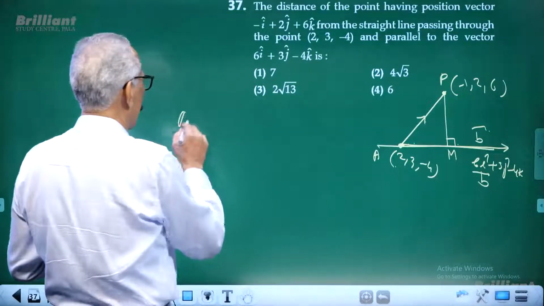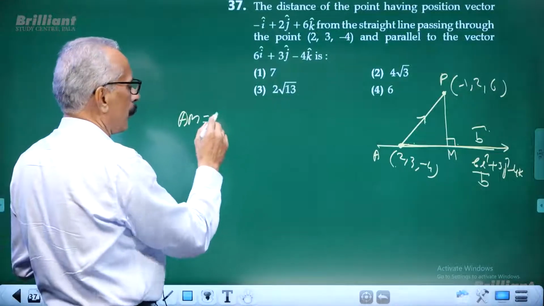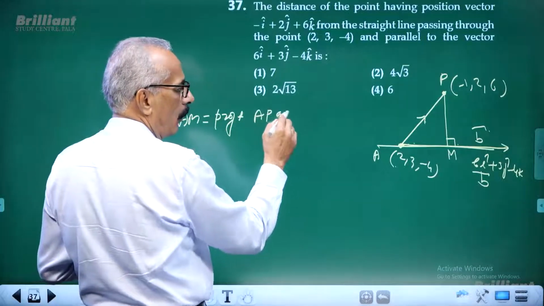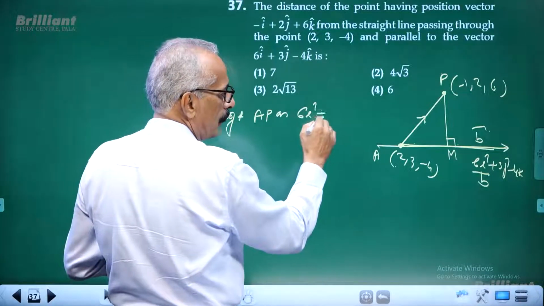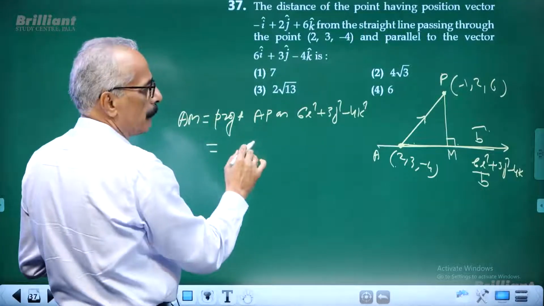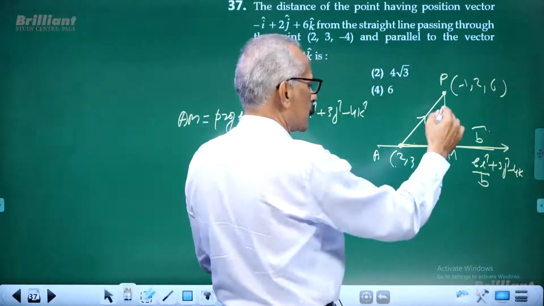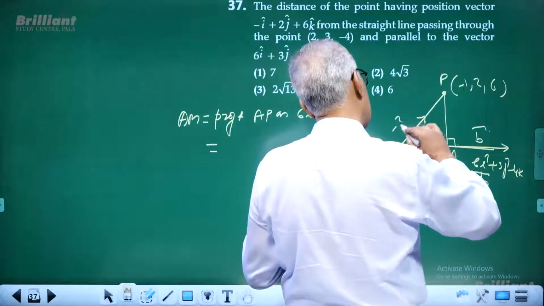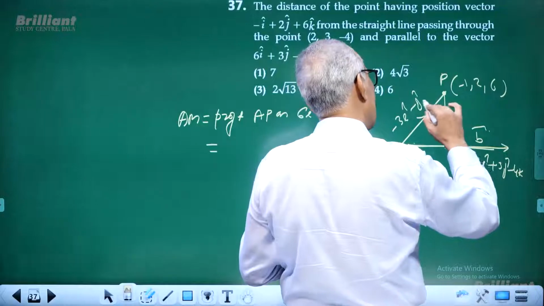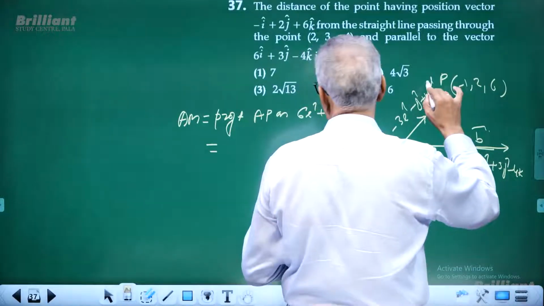So first we calculate AM. AM is equal to projection of AP on 6i plus 3j minus 4k. What's the formula? AP dot. AP we will calculate. AP means what there? OP minus OA. Minus 3i minus j then plus 10k. That's your AP.